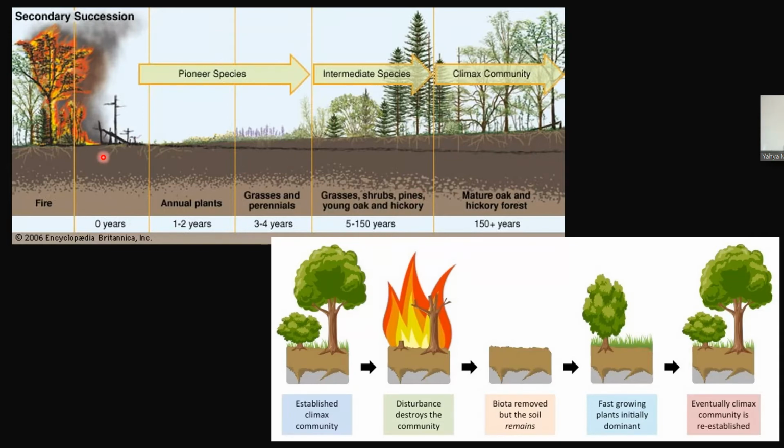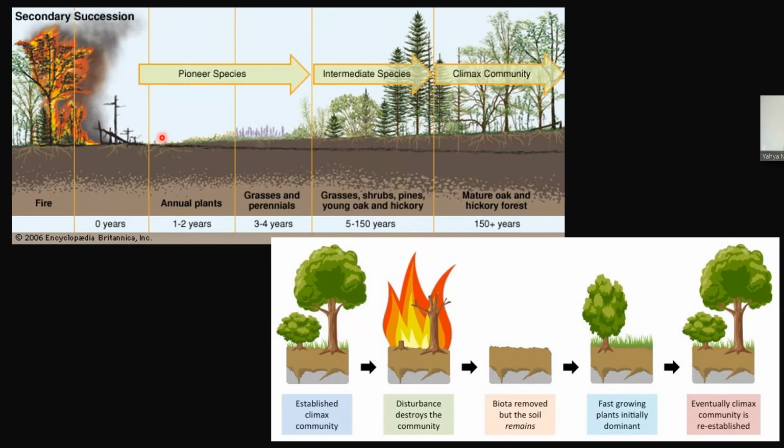For example, let's say a fire or a tsunami destroys this whole area. No plants, nothing left. In this case, again, you can have some pioneer species, smaller plants, and then over time larger plants. But the soil and everything in the ground, most of it is still there. Most of it is formed and ready. So this process is accelerated.